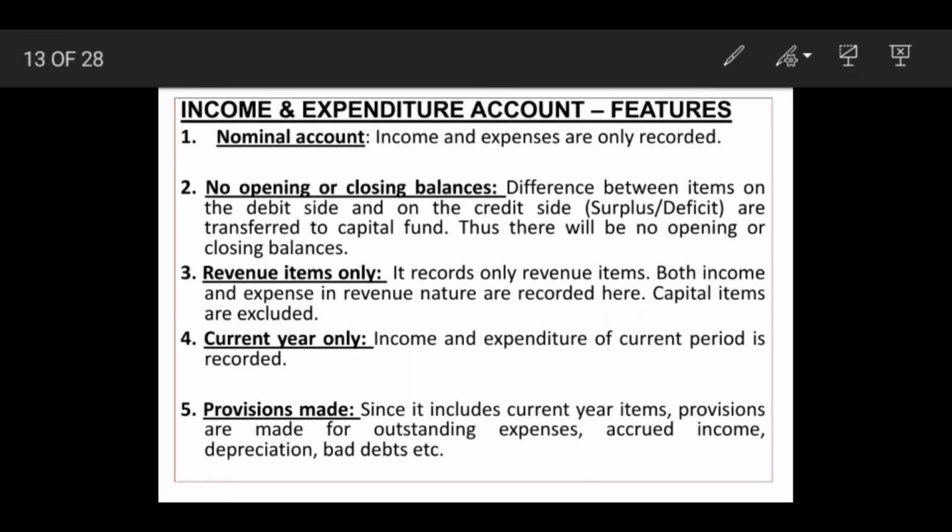Adjustments regarding depreciation, bad debts, income earned but not received, expenses incurred but not paid, such kind of adjustments should be made on income and expenditure account in order to get the current year value. We have to make necessary adjustments regarding these items.